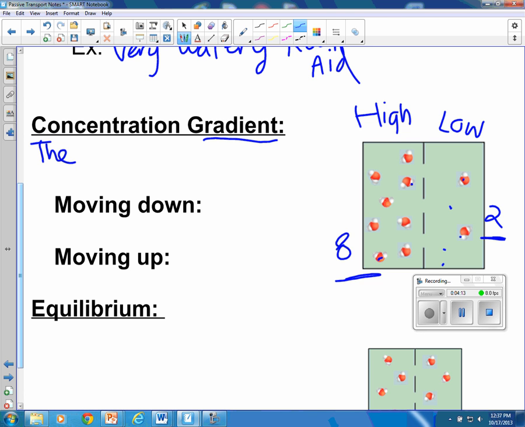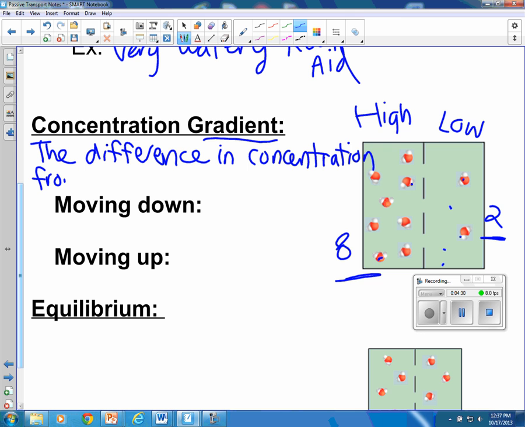So the definition is the difference in concentration from one place to another. For example, if you've ever had hot chocolate and it's more chocolatey at the bottom, less chocolate on top, that's a concentration gradient.